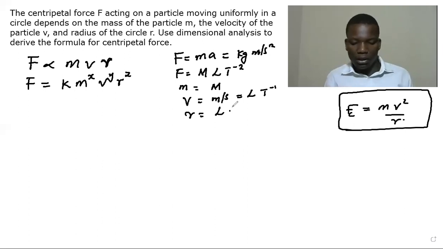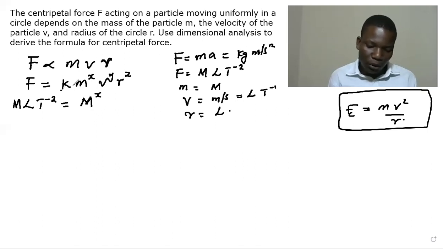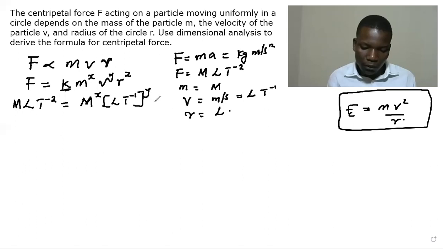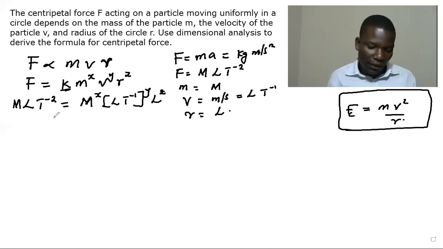Now we can substitute these dimensions in that equation. So we write this equation in terms of dimensions. We are going to have M L T^-2 being equal to M^x. K is a dimensionless constant, it doesn't have dimensions, I mentioned that. And V is going to be L T^-1, everything to the power Y, and then we have L to the power Z. So we can distribute the power there.